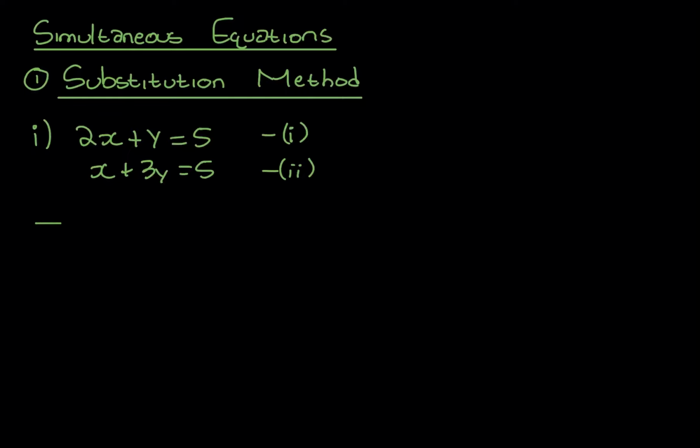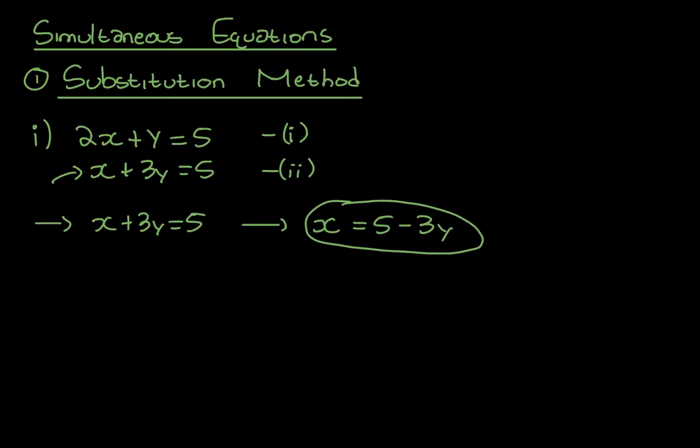Let's dive into it. In this case, I'll pick the second equation randomly, x plus 3y is equal to 5, and I'll make either x or y the subject of the formula. It looks like x would be the easier one, so x is equal to 5 minus 3y. Then I substitute this x into the first equation, 2x plus y is equal to 5.